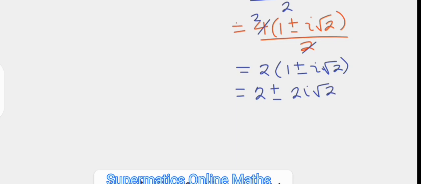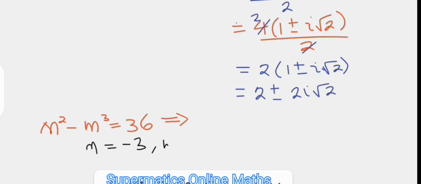So this means that the solutions to the equation m squared minus m cubed equals 36 are m equals negative 3, m equals 2 minus 2i root 2, and 2 plus 2i root 2.